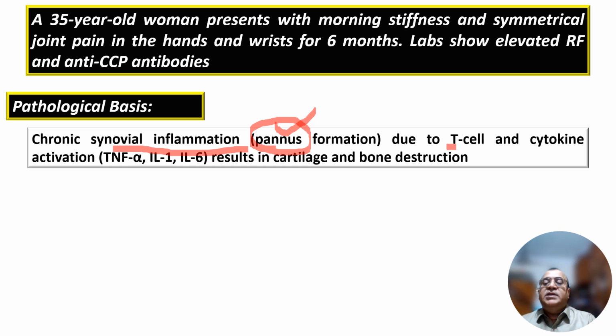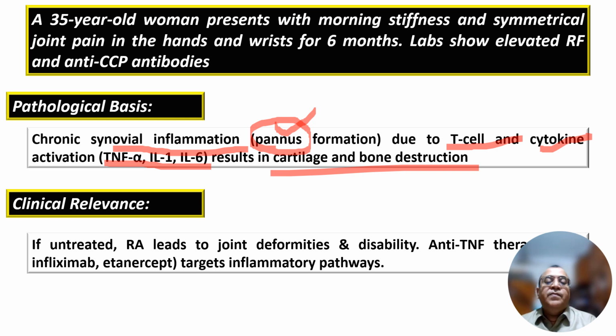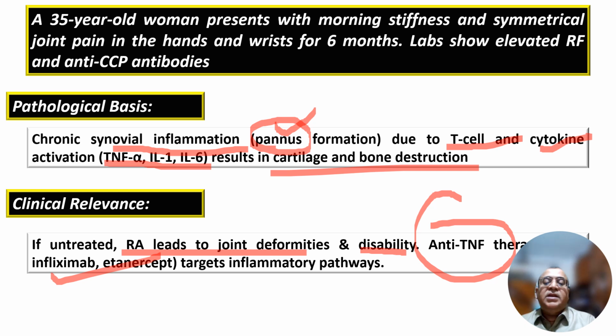And due to T cells and cytokine activation such as TNF alpha, interleukin 1 and 6, there is destruction of the cartilage and bone. If untreated, the rheumatoid arthritis will lead to deformities of the joint and disability. So anti-TNF therapy such as infliximab and etanercept target inflammatory pathways.